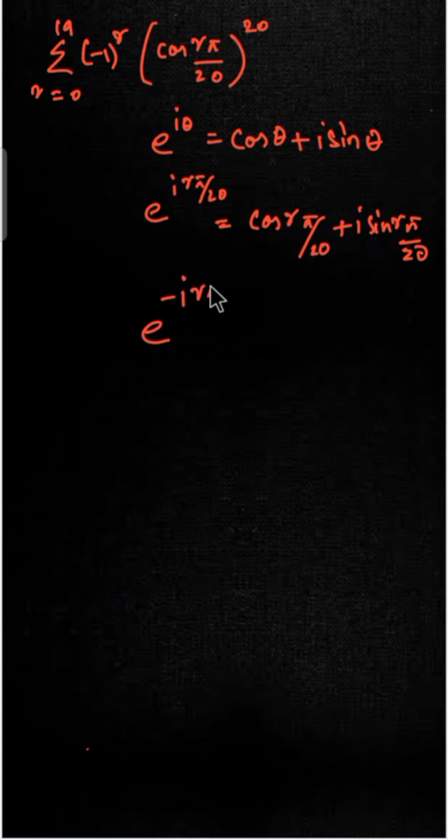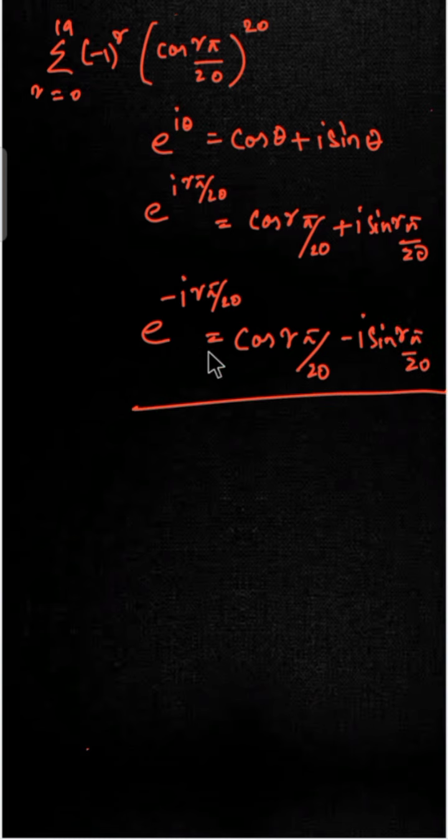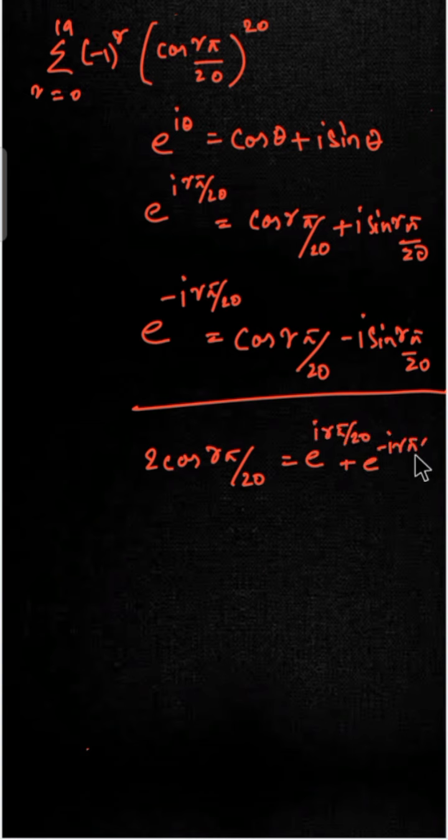So I get e power minus i r pi by 20 is equal to cos of minus r pi by 20, which is once again cos r pi by 20, and we get minus i sin r pi by 20. Now we just add these two terms so that we get 2 cos r pi by 20 is equal to e power i r pi by 20 plus e power minus i r pi by 20. So this is what we're going to get.